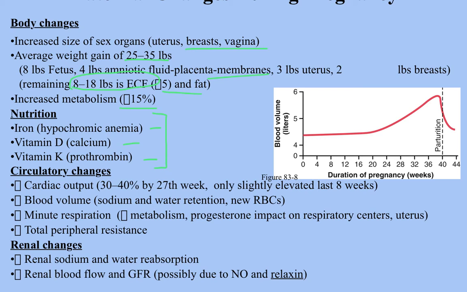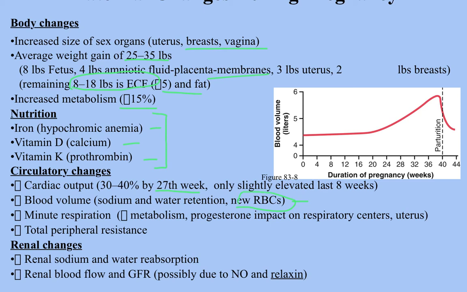All right, circulatory changes. Cardiac output by the 27th week increases by 30 to 40% because of that increased volume. That's an increase in preload, if you remember from the heart lecture. Of course, increase in blood volume is going to come with an increase in RBCs because you need to be carrying more oxygen.